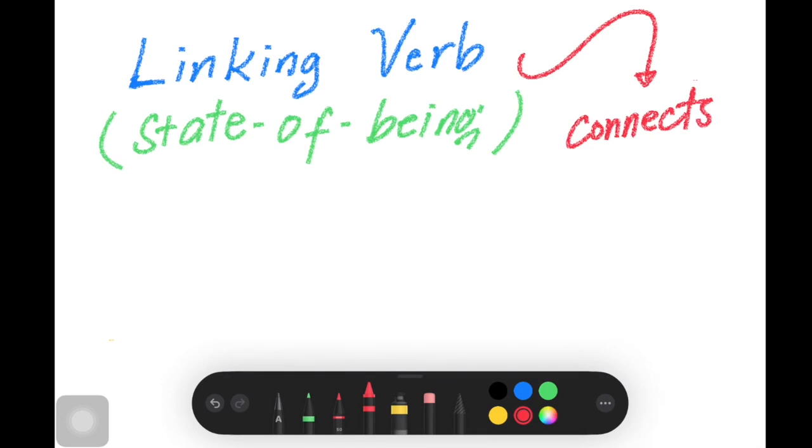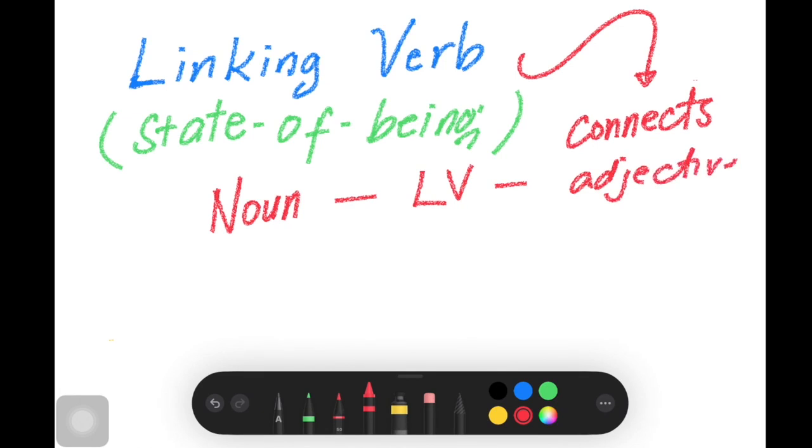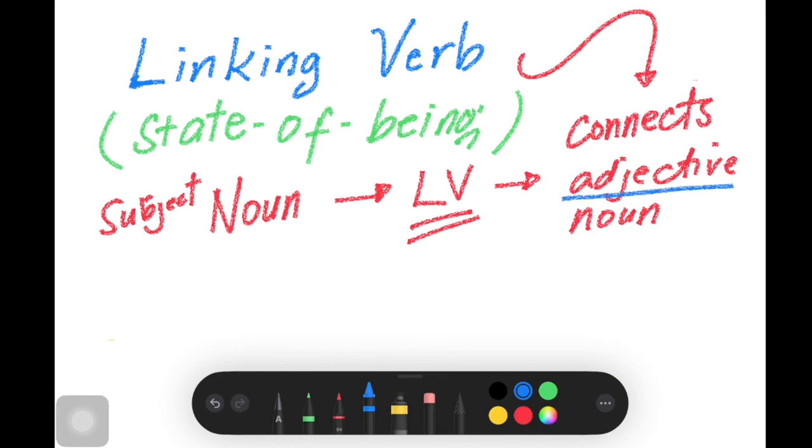What they do is they connect the subject noun to either an adjective or another noun. We call it actually the predicate noun or predicate nominative.